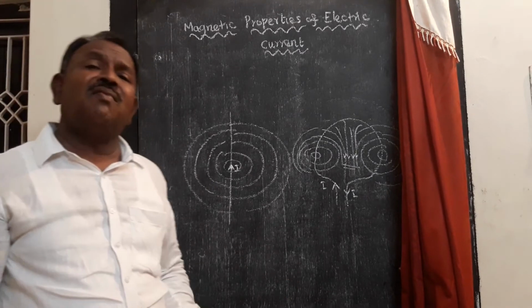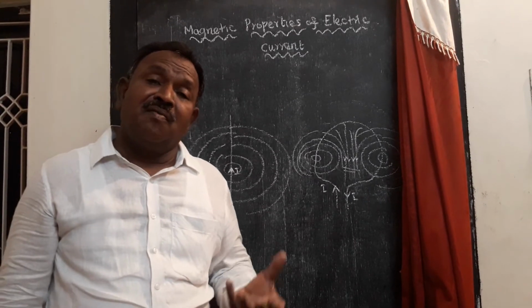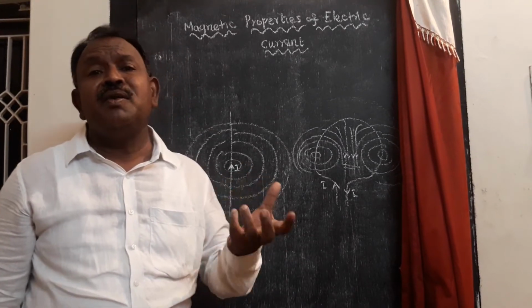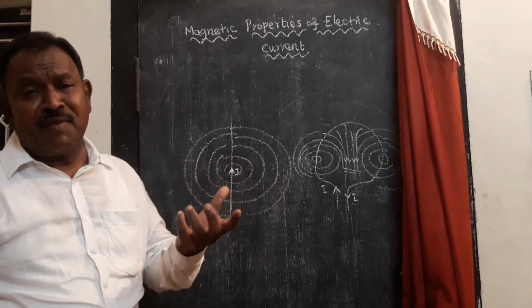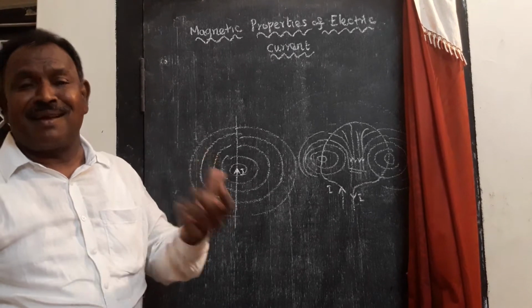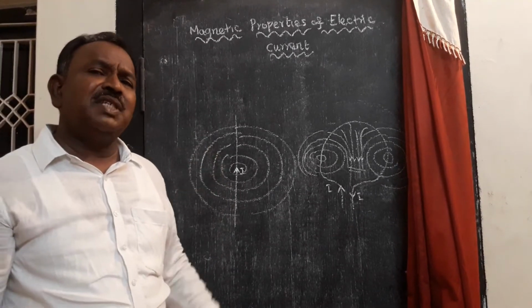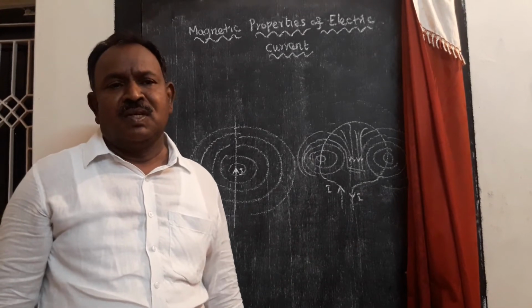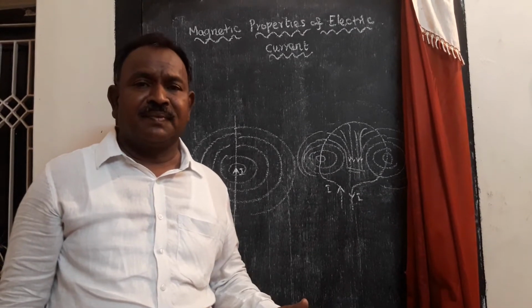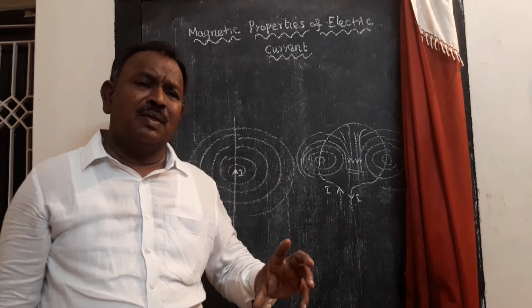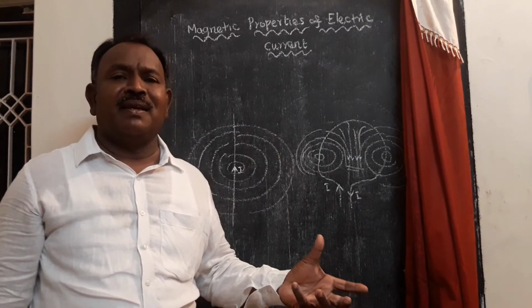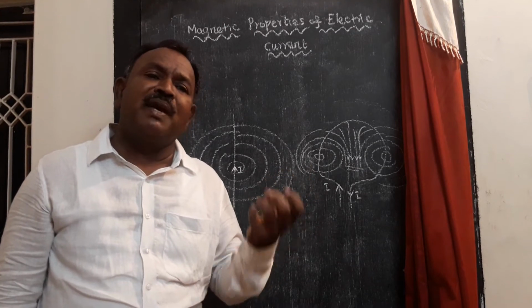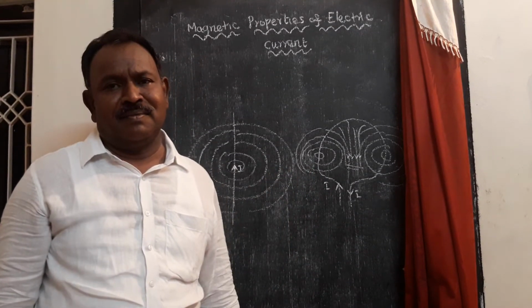In the next part, we are going to make a quantitative measure of the magnetic field produced by a current carrying conductor. This was attempted by Biot and Savart. They attempted to find quantitatively how much magnetic field is produced by a current carrying conductor.